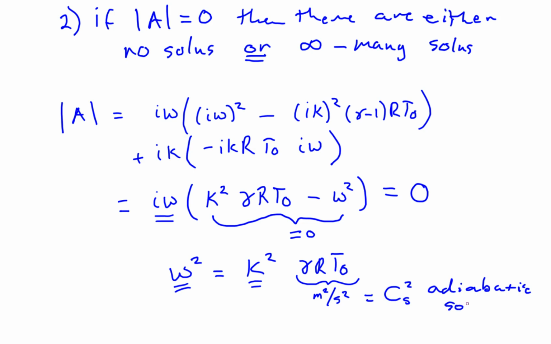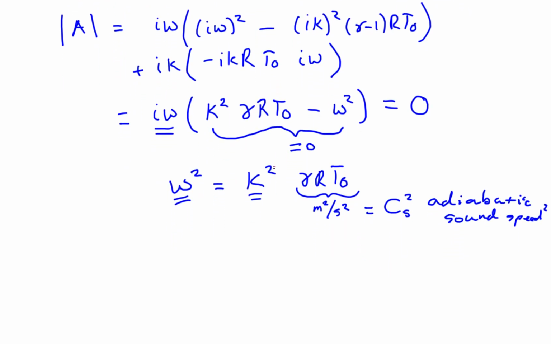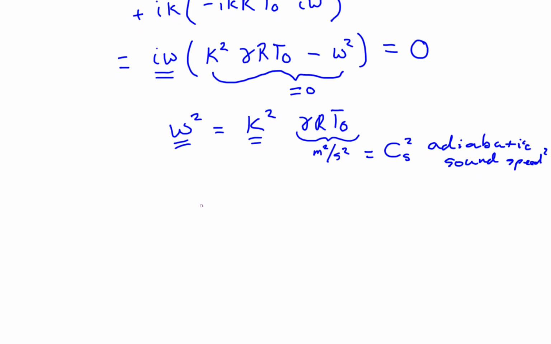Now this relationship between omega and k is called a dispersion relationship. So omega squared is gamma R T0 k squared, which is also the adiabatic sound speed squared times k squared.